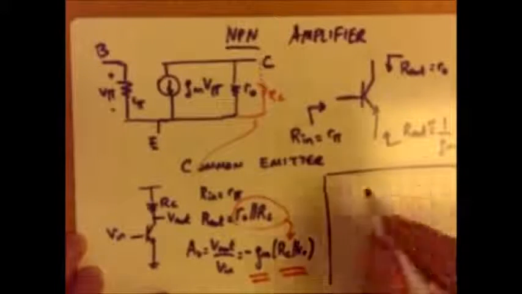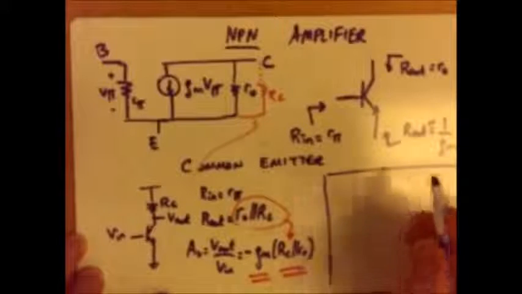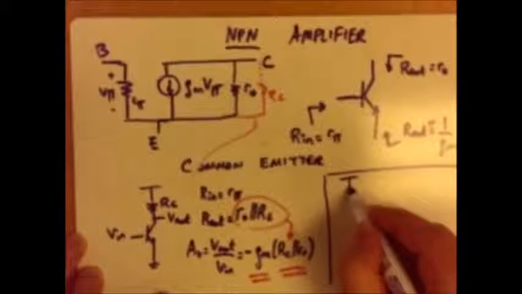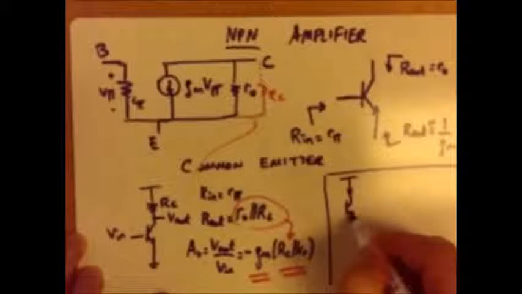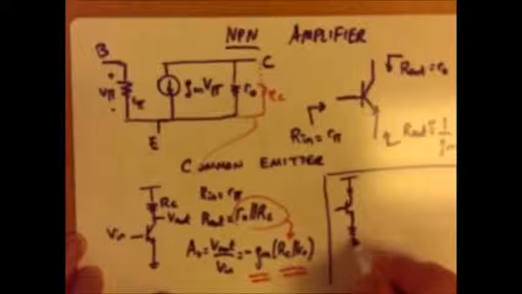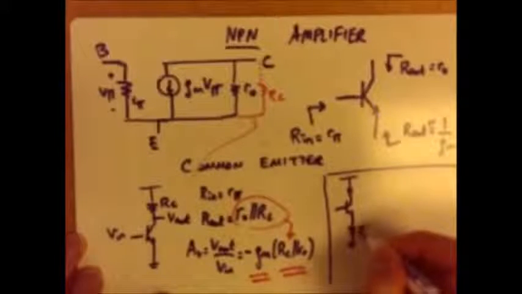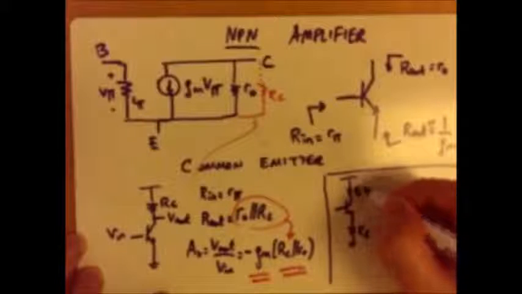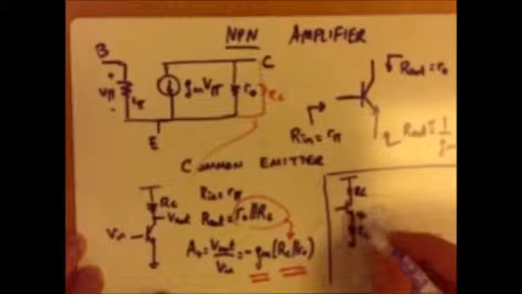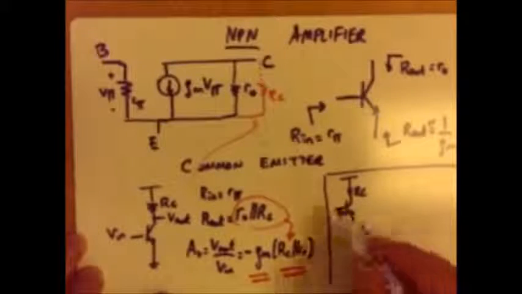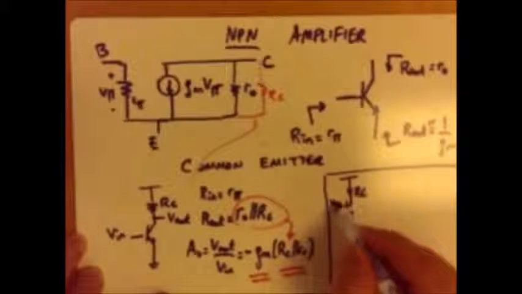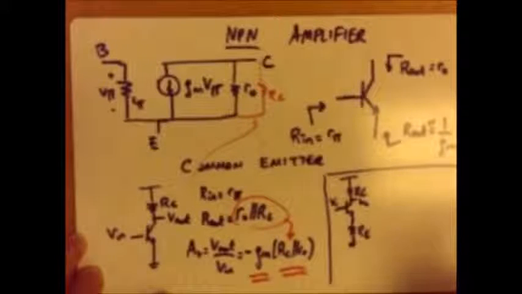If you had the similar, but this time an emitter degeneration, where you have a resistor at the emitter, you still have your input and output.